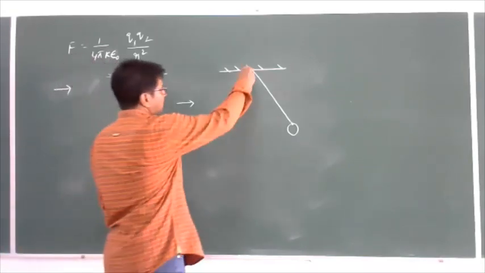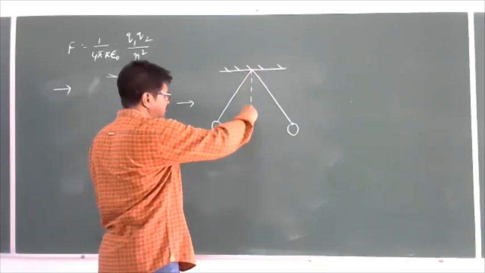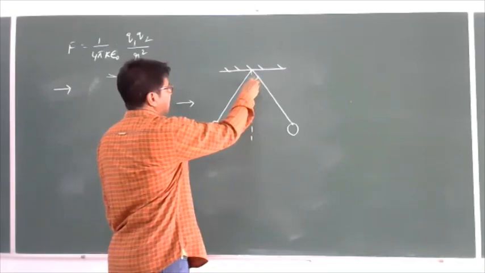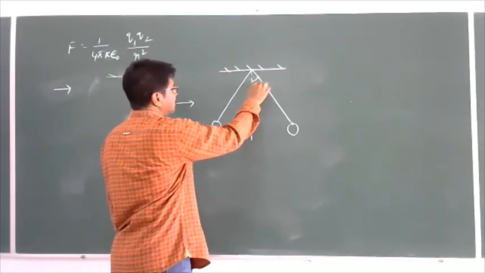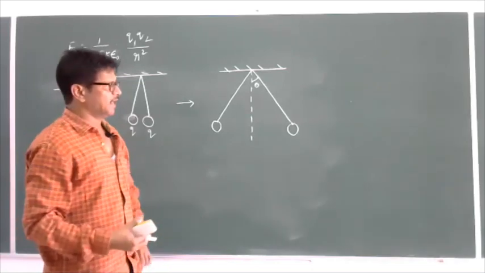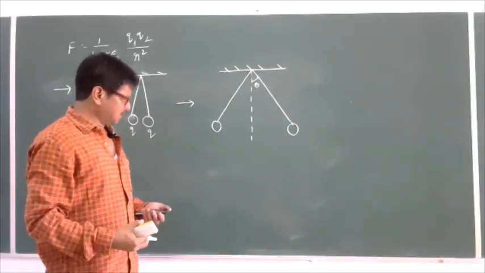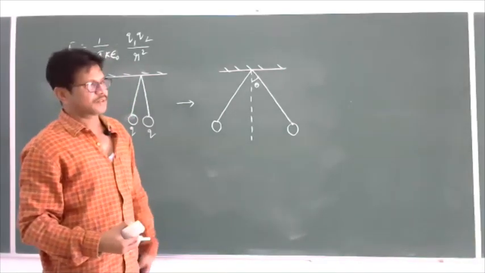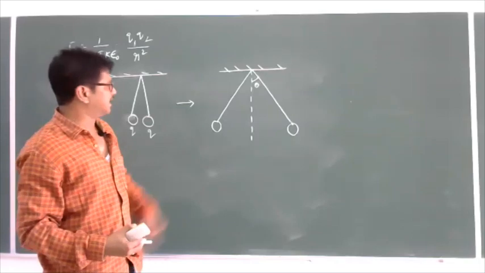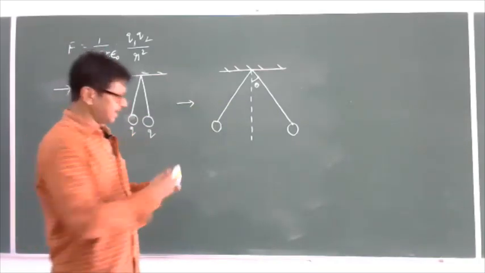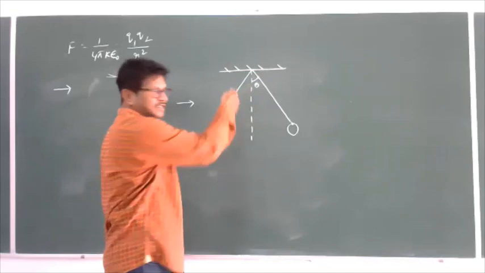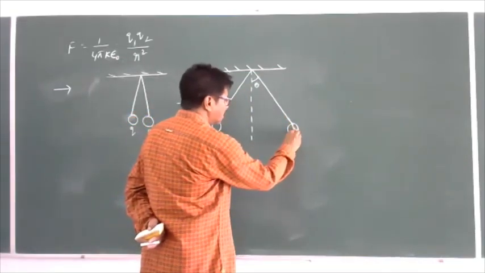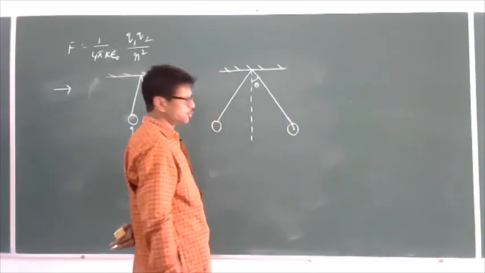Now, while reaching the equilibrium state, each string makes an angle theta with the vertical. Now, what forces act on each ball?